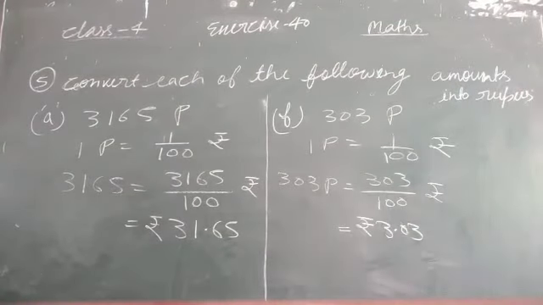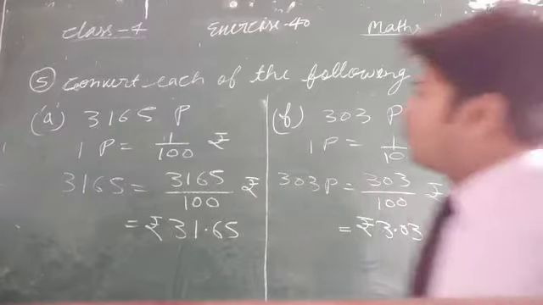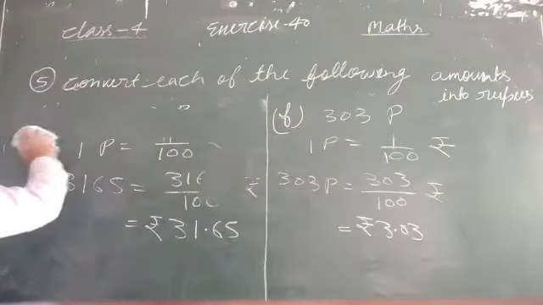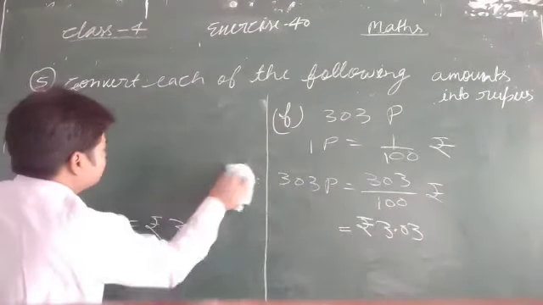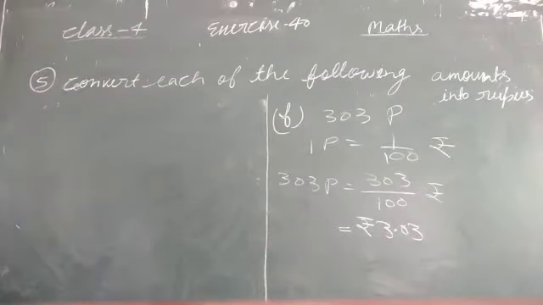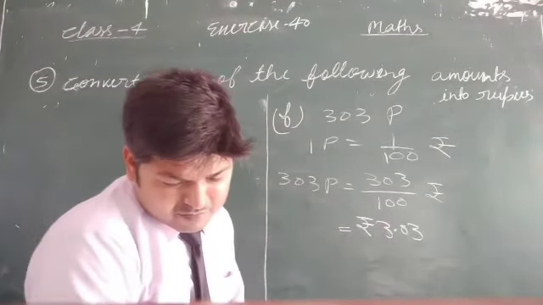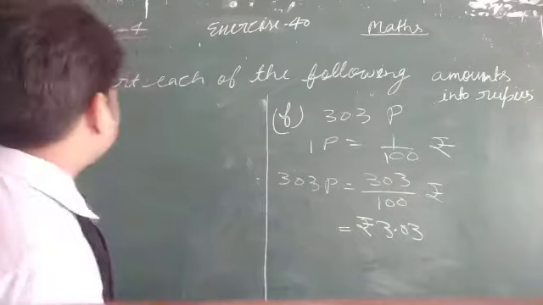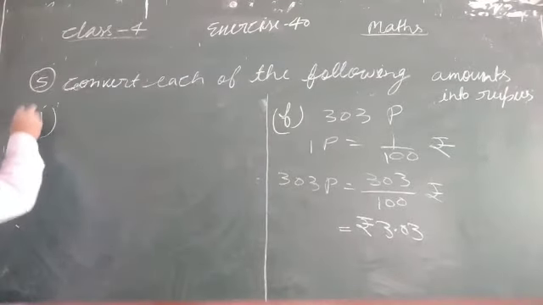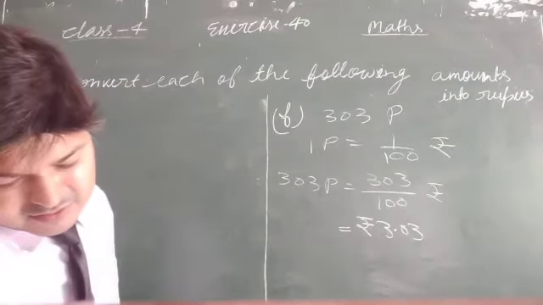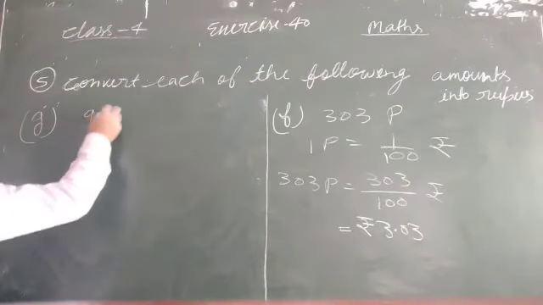So like this you can solve. One more question. Question number G. G is here. So 95 paise is there.